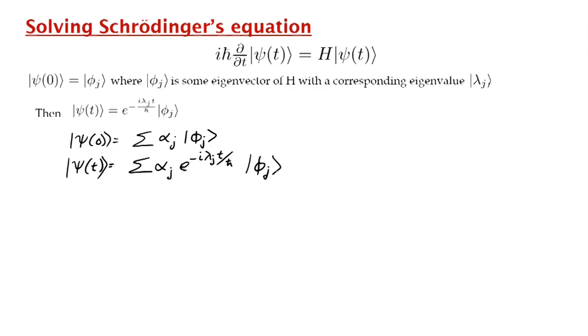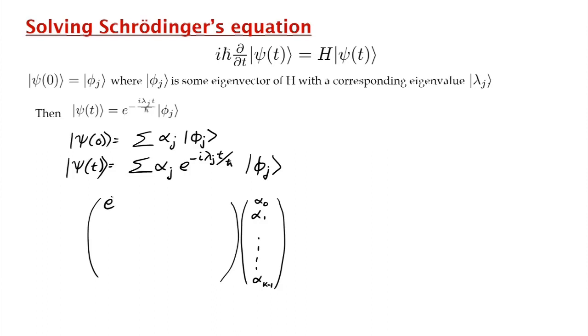Okay, what's another way of saying this? Another way of saying this is that if you look at the state of the system at time 0, so it's alpha 0, alpha 1, alpha k minus 1, then there's this operator you must apply to it. And what's the operator? It's diagonal.